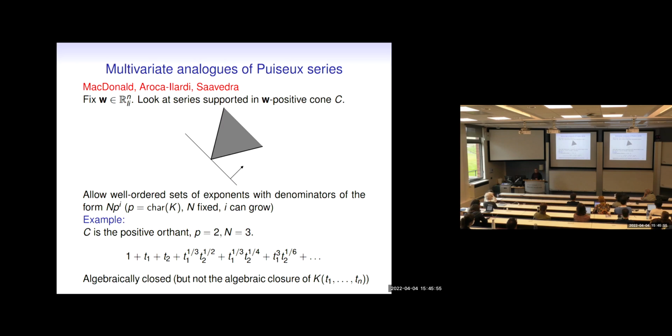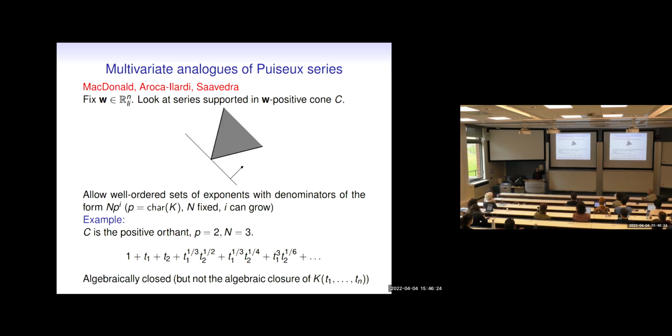This is a surprisingly open subject for something that's so elementary that you can tell students in their first algebra class. Whenever you teach people their first algebra class, they can understand the concept of the algebraic closure of the field of rational functions, but we don't actually know what the algebraic closure is.